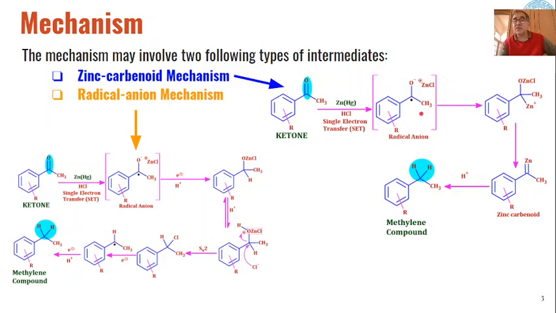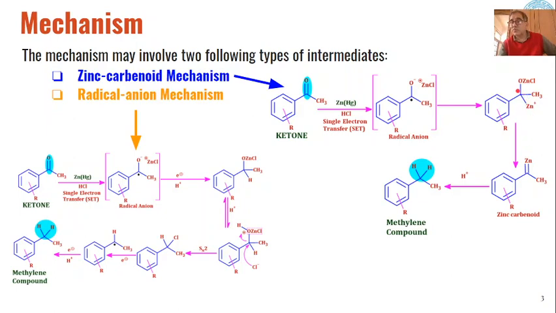In the zinc carbenoid mechanism, this radical anion will be converted into this type of intermediate, wherein one molecule of zinc metal will again give one more electron to this carbon, and we will get this type of intermediate with zinc plus ion.